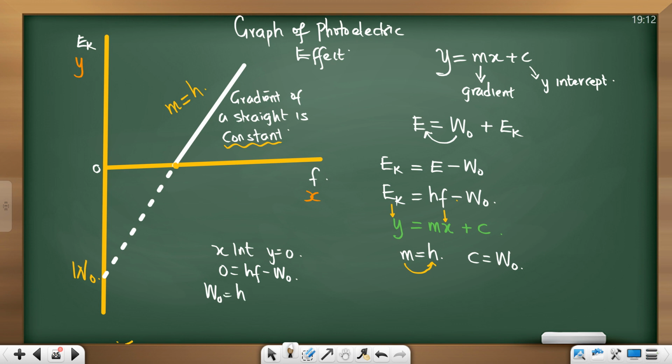W naught equals hf. What is W naught? It is hf naught, equals hf. Can we divide both sides by h? Yes. What are we going to get? f naught. It means my x-intercept is known as the threshold frequency.